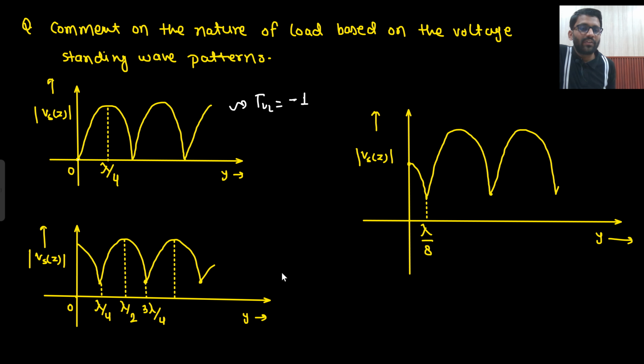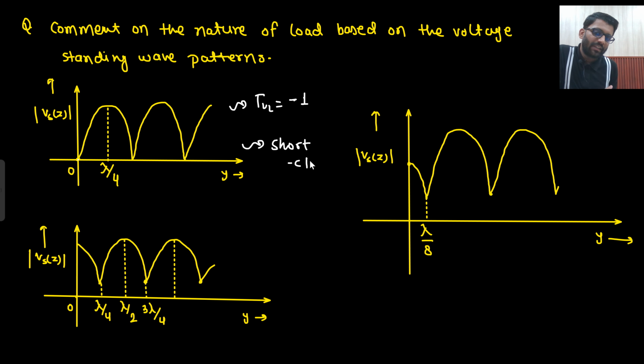Because standing wave ratio is infinity, no? If standing wave ratio is infinity, then certainly your gamma has to be 1 only. Now gamma VL is equals to -1 when ZL is equals to 0, because what is the formula? ZL minus Z0 upon ZL plus Z0. So if ZL is equals to 0, then gamma VL will be equals to -1. There you go. So which kind of load is that? Short circuit.